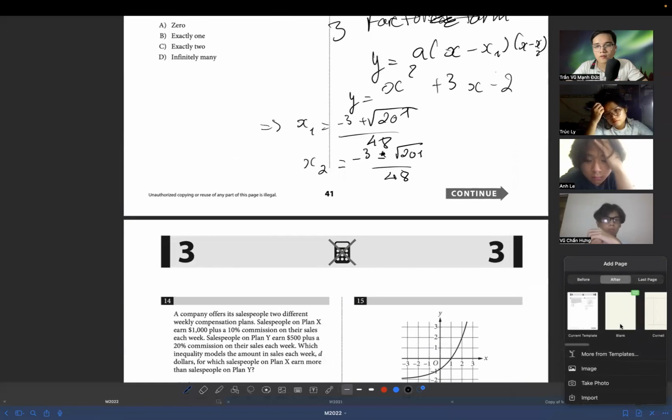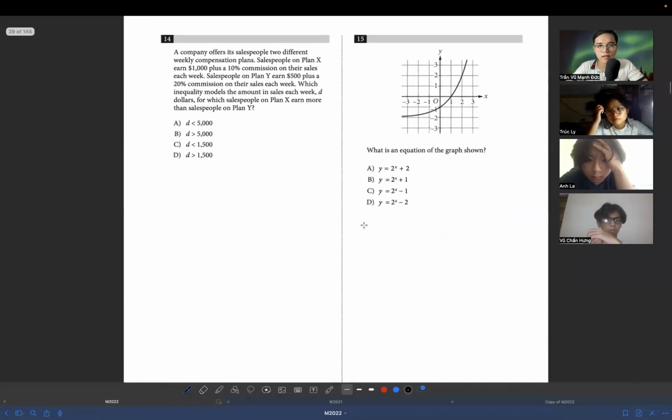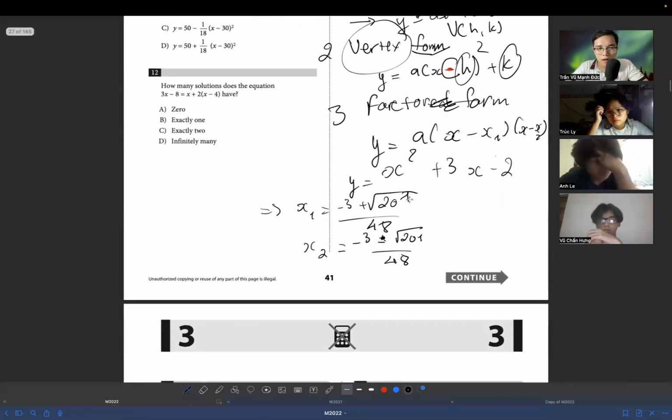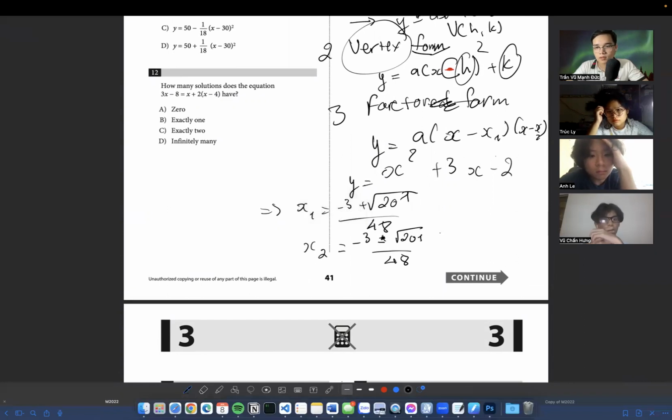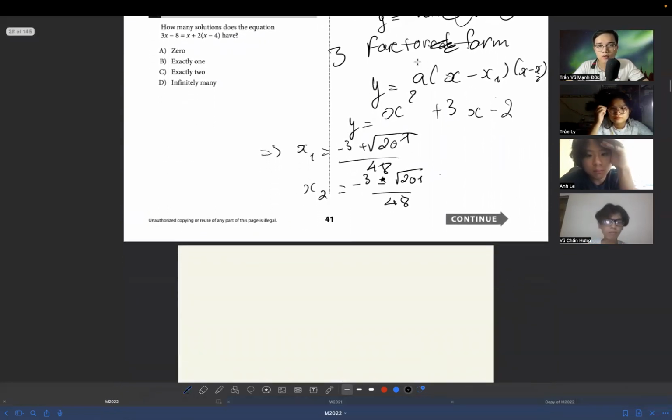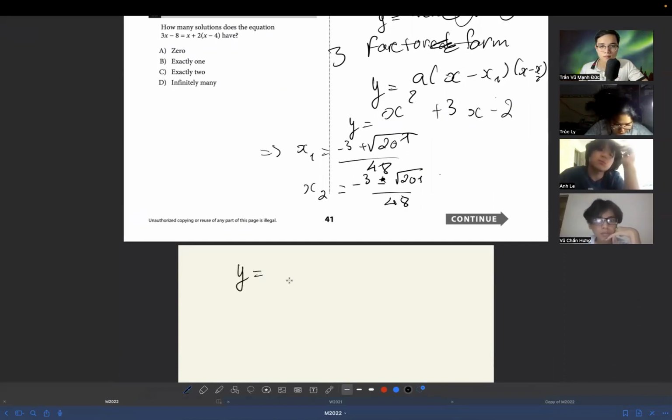All right, how can you move it to the factor form? You just calculate the solutions to the equation, x1 and x2, and apply them. What is the a in this equation? Hung, can you tell me what is the a? A is 1, right?